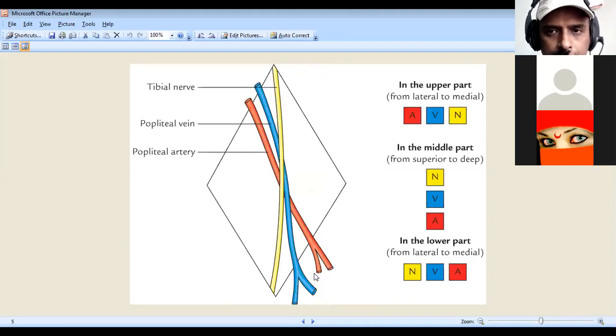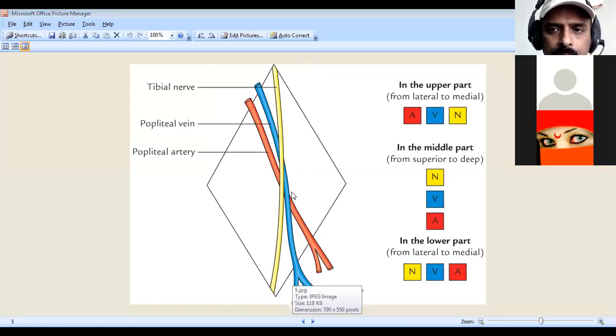Then what are the relations of the contents of the popliteal fossa? We can divide it into upper part, middle part and lower part. In the upper part, from lateral to medial side, we have artery, vein and nerve. In the middle part, from superficial to deeper, we have nerve, vein and artery.